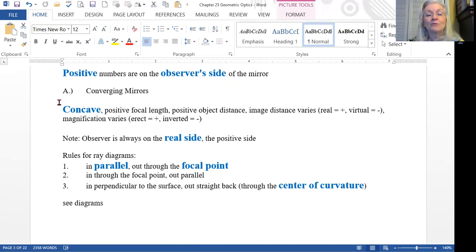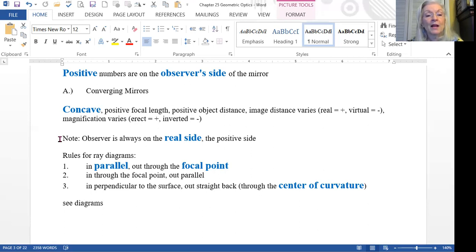They have positive object distance. To use our equation, all of our object distances are positive. The image distance for a converging mirror is going to vary. It depends on whether you are standing really close to it or far away. If you're standing close, you'll get one kind of image. If you're looking at yourself at a distance, you'll get a different image. So not only will it switch between being real and virtual depending on how close or far away you are, it's going to switch between being right side up, that would be erect, and upside down, that would be inverted. And the observer, that's you, is always on the real side or the positive side of our mirror.